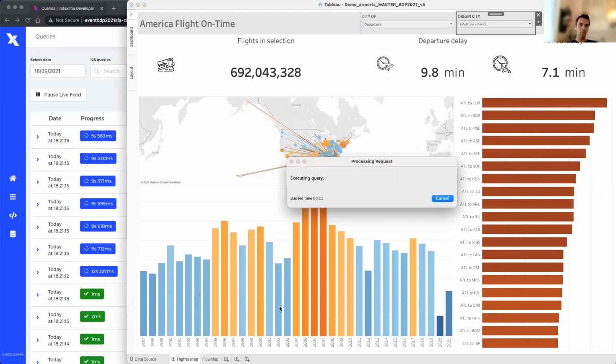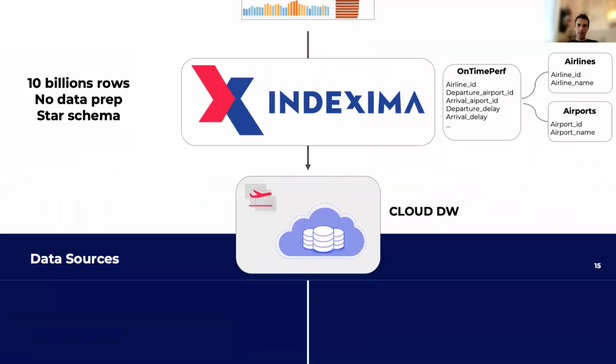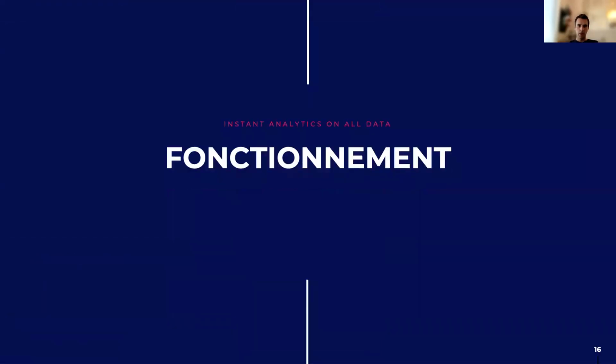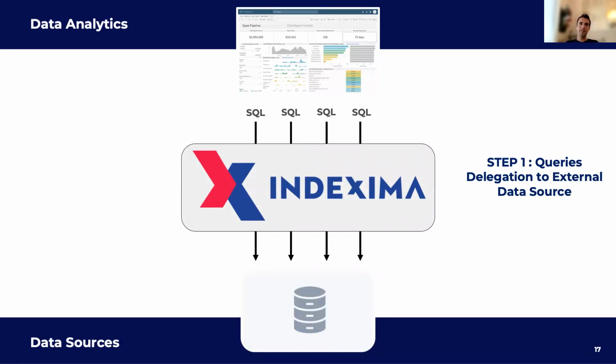Let me explain to you why it's still very slow. Let's go a little bit deeper in how Indexima works. At the beginning, Indexima has just created a link between Indexima and Snowflake, and so Tableau is sending some queries to Indexima, but Indexima didn't generate any aggregation layer.